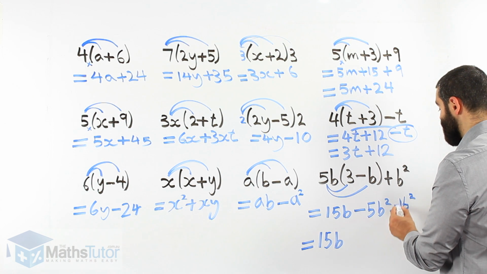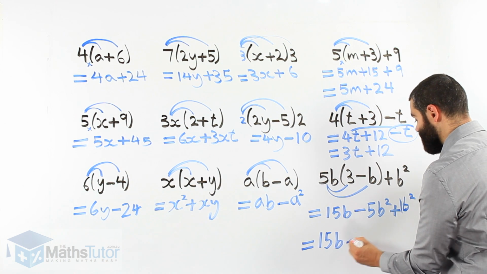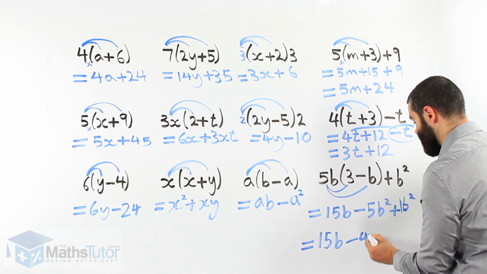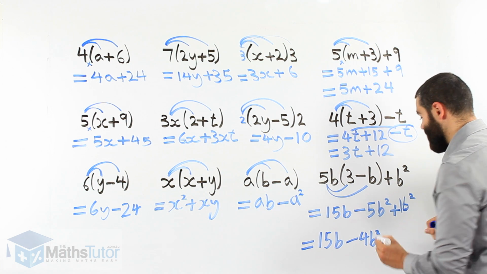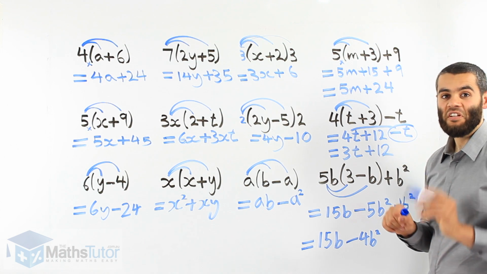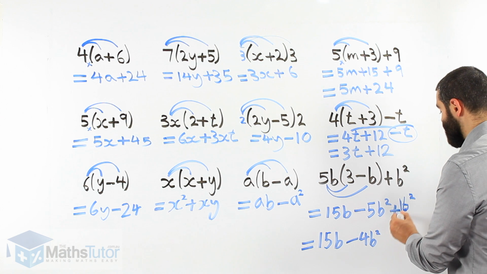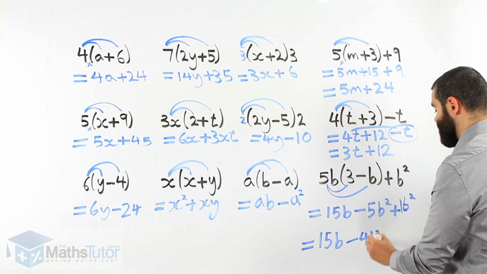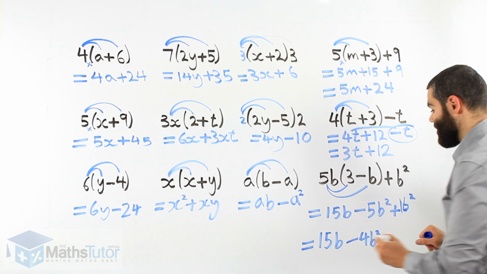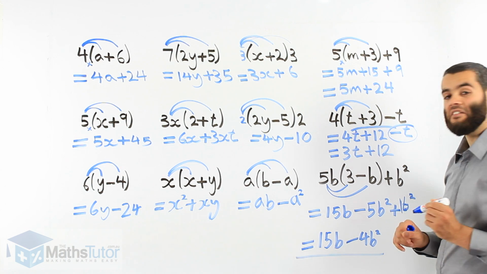Minus 5 plus 1 is minus 4b squared. Negative numbers and the tricks with negative numbers, we actually use in algebra as well. Negative 5 plus 1 is negative 4b squared. This is our final answer there.